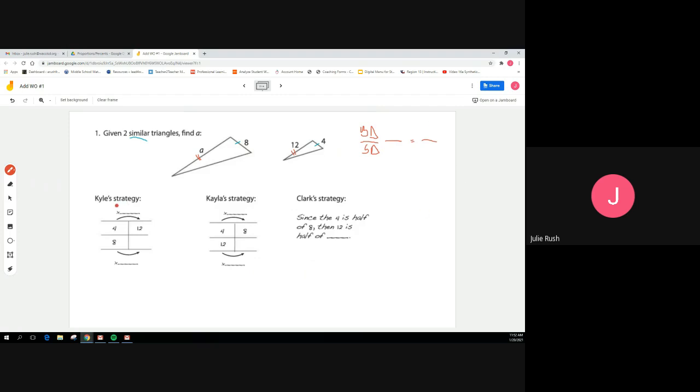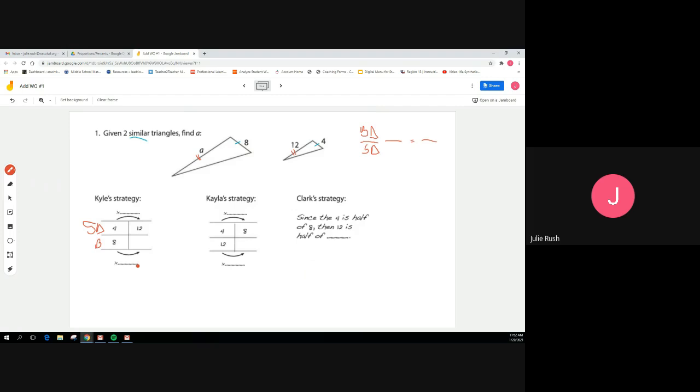Okay, so let's look and see what Kyle did. So Kyle did 4 over 8, so he did short over long. So this means 4 and 12 are both the small triangle, and then this is the big triangle.